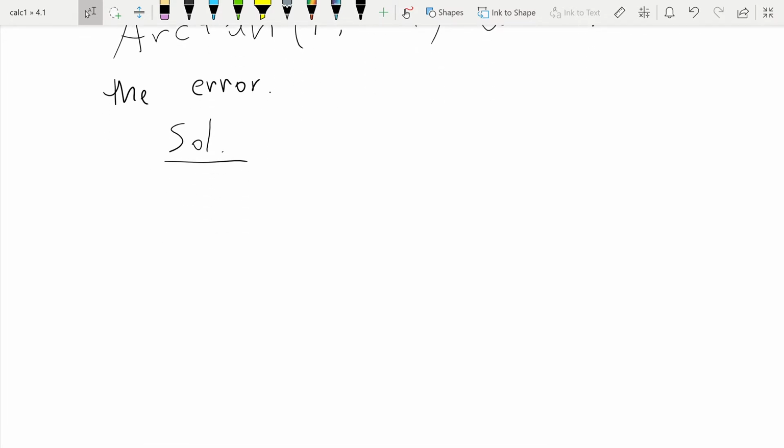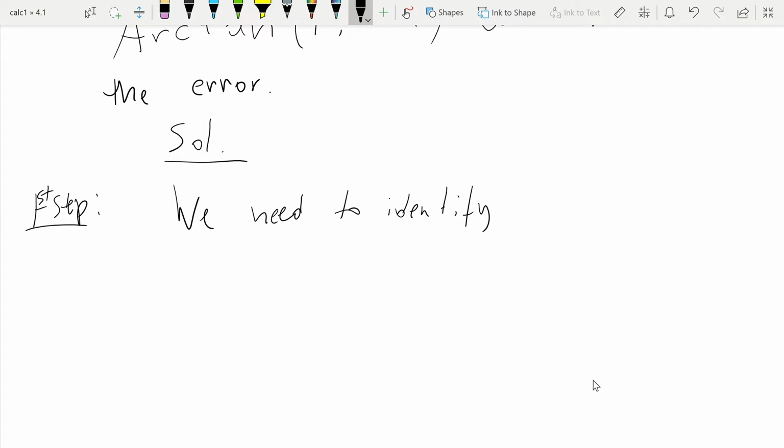The first step: we need to identify f of x, the function we want to linearize, the point x naught, and finally the new point x, the point at which we wish to approximate f.